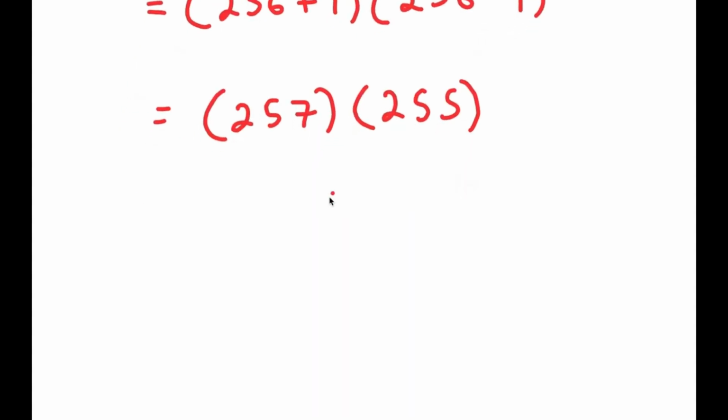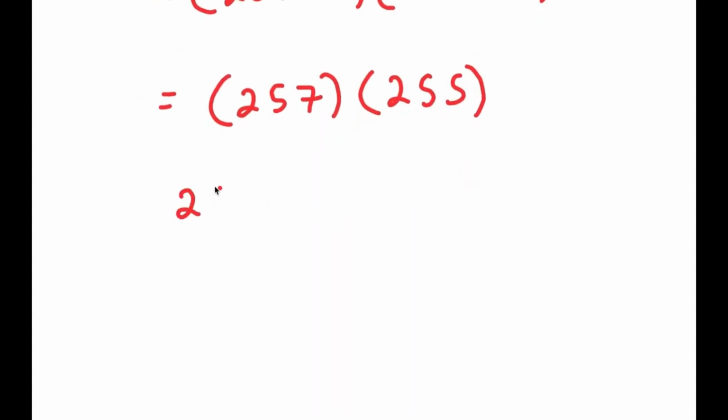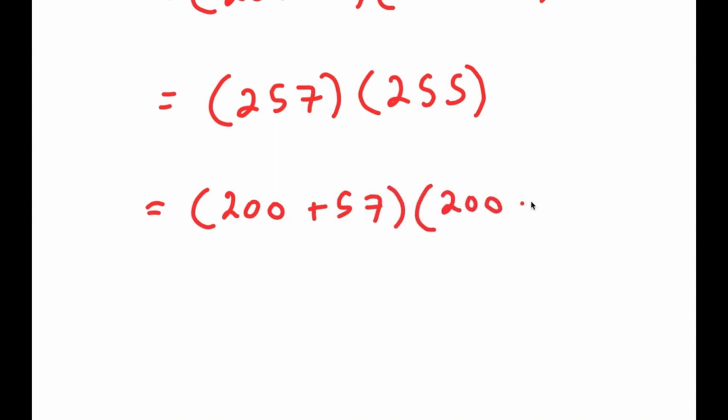Now, instead of multiplying this the usual method, which takes way too long, I'm going to be using a different method, which is much simpler. So what I'm going to be doing is rewriting this as 200 plus 57 times 200 plus 55.